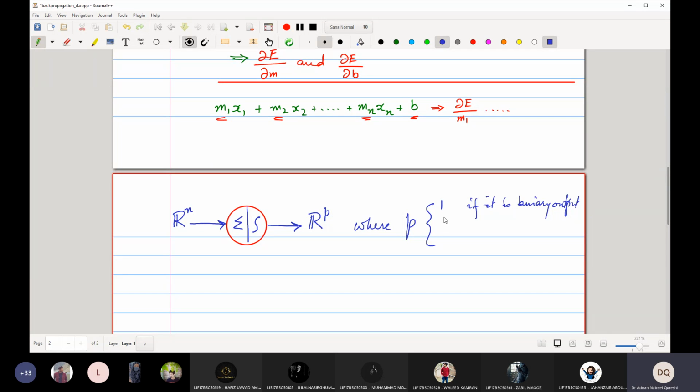Or p may be equal to n, or p may not be equal to n.